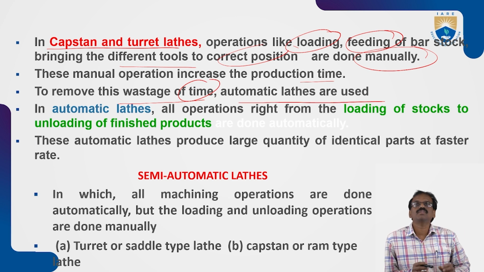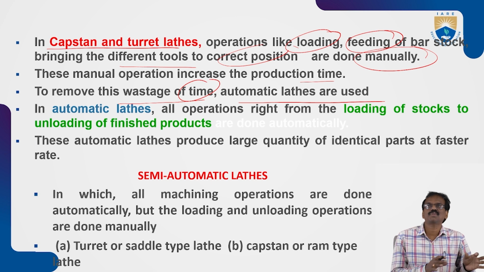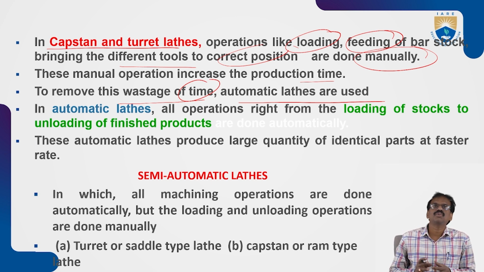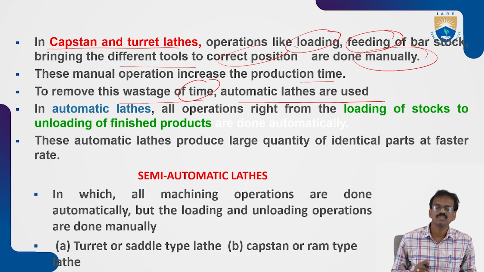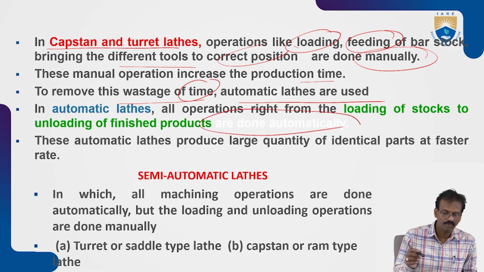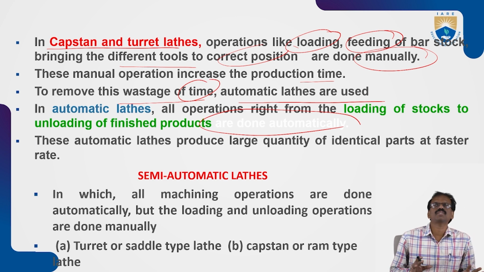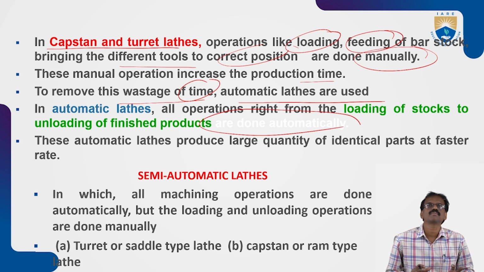In automatic lathes, all operations, right from the loading of the stock to unloading of the finished product, are done automatically. So that is the difference between semi-automatic and automatic. In automatic lathes, every function is performed automatically.